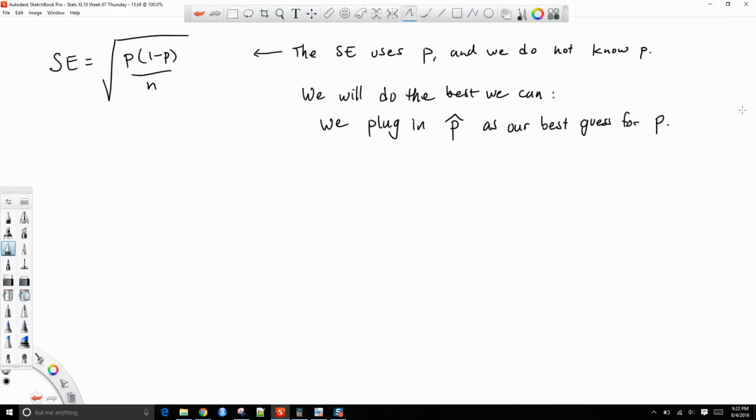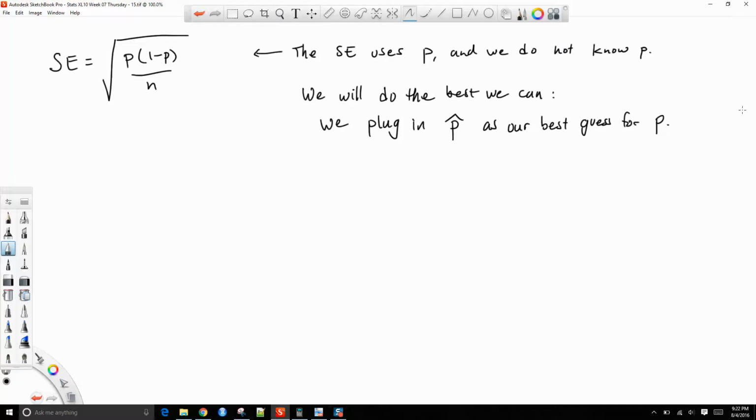And some mathematicians went through and asked, are there any negative consequences of plugging in p hat for p? And it turns out, no, it's okay to do this, all right?